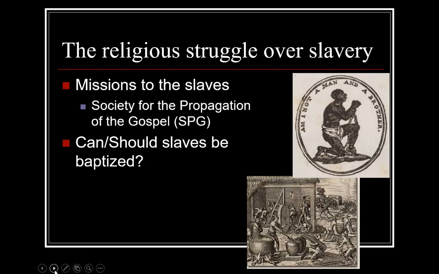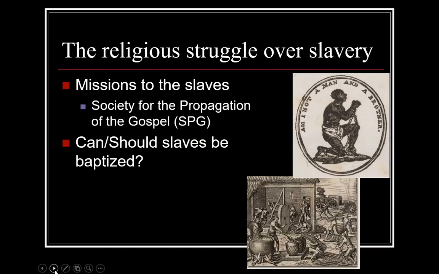And particularly, what happens when they are baptized? Because the slavers looked at this and said, okay, do we have to set them free if they are baptized?